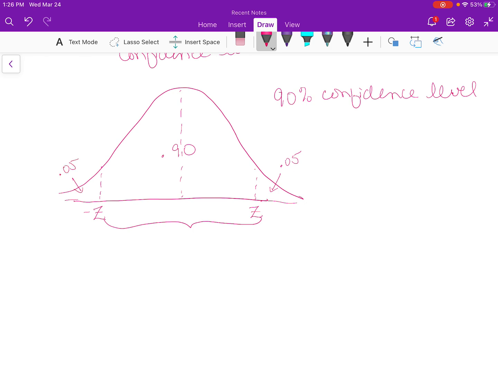So if you remember from section 5.3, what we used to get the z-score associated with a probability, we did inverse norm. We did the probability to the left of the line. So in this case, it would be 0.05. We're looking for a z-score, so that would be a mean of 0 and a standard deviation of 1.